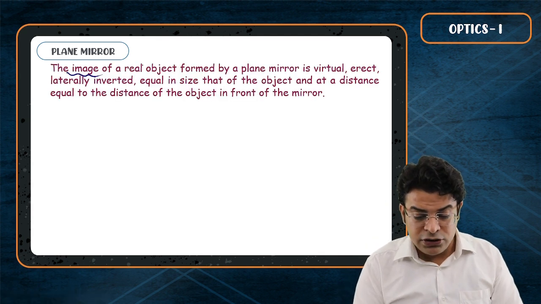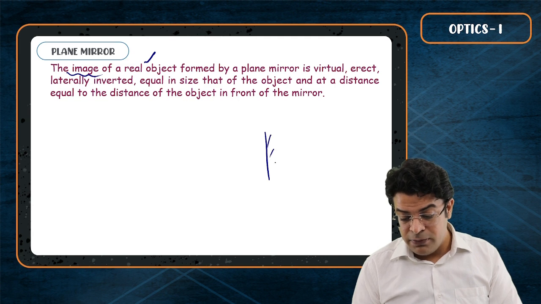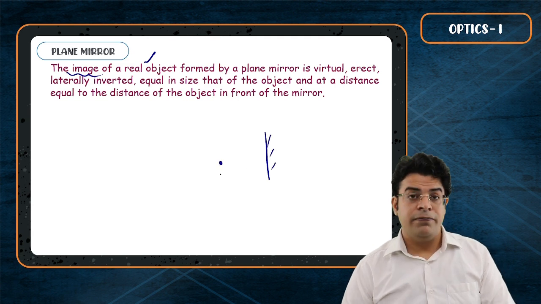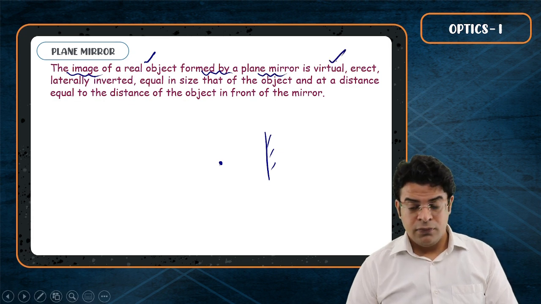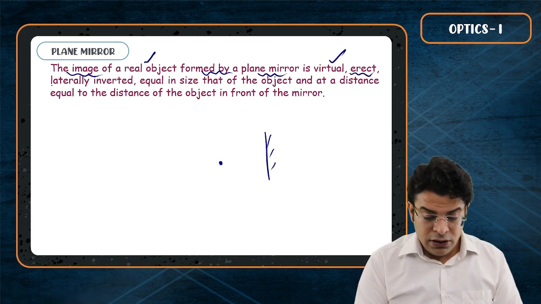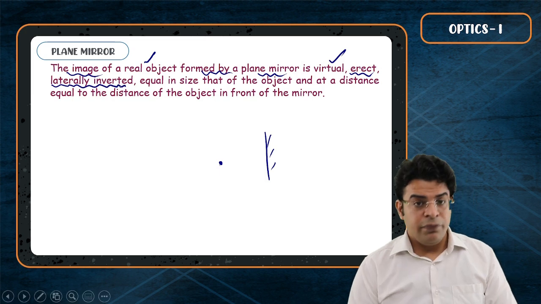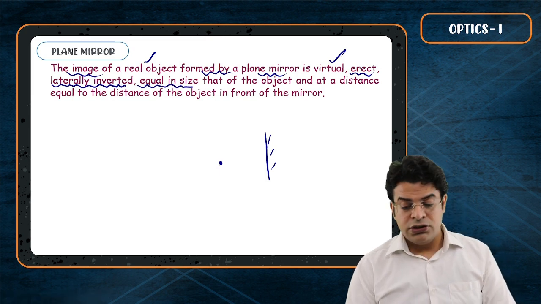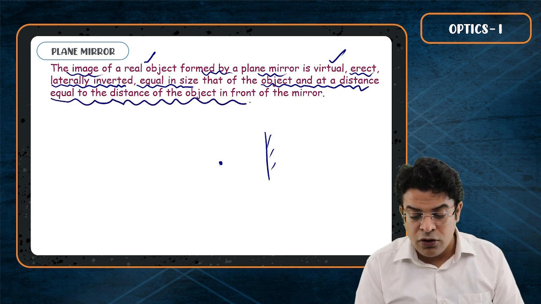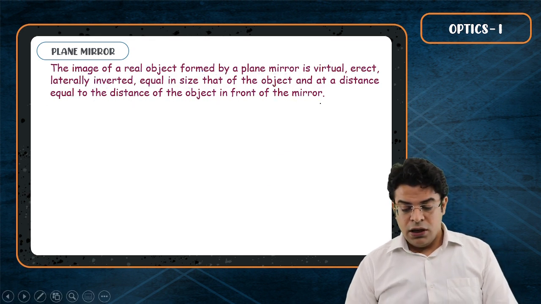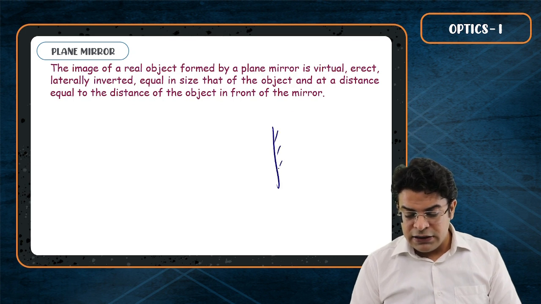So the image of a real object. If you place some object in front of a mirror, the image formed by the plane mirror is virtual, erect, laterally inverted, equal in size to the object and at a distance equal to the distance of the object in front of the mirror. Now here you can understand each term.